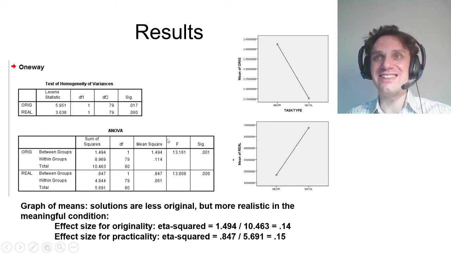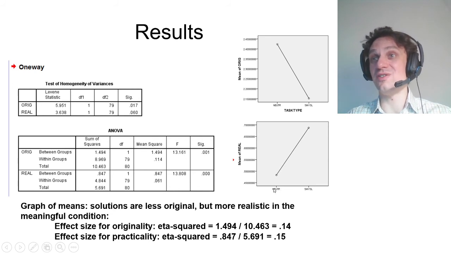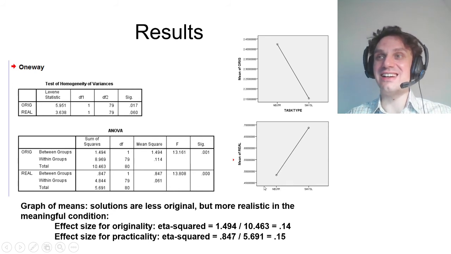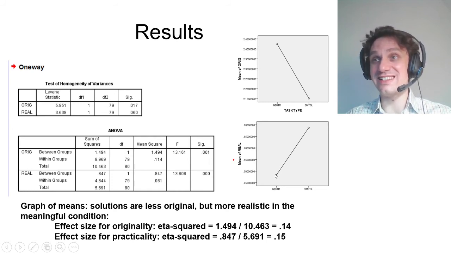And here for ANOVA, we see that the results are significant, and we can compare the 2 groups using the plot of means. It comes from an older version of SPSS, so this plot is not so nice. It does not have bars for confidence intervals.